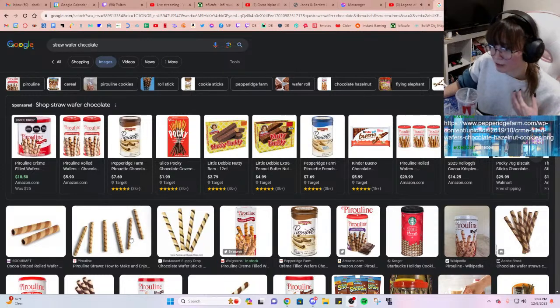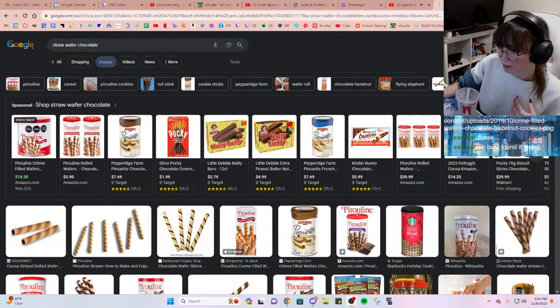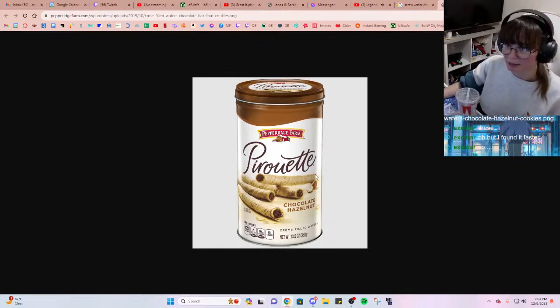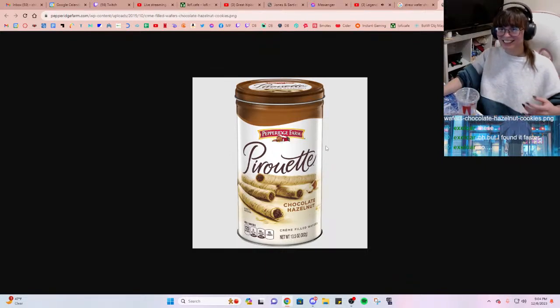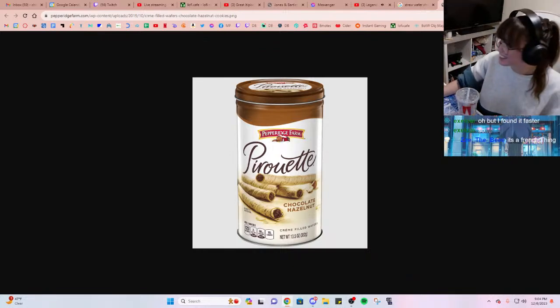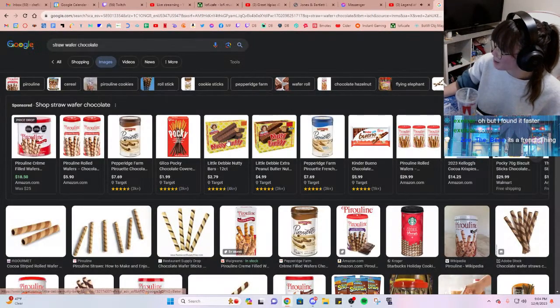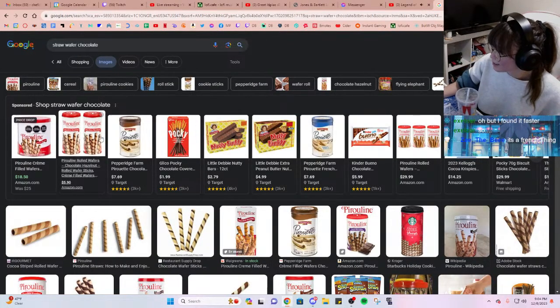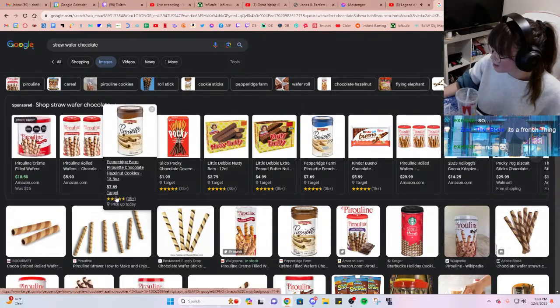These things. They were looking for these. Pepperidge Farm, let's see. Yeah, basically the same thing. Oh, but I found it faster. Shut up! I type slow, okay? I'm a really slow typer. Yeah, same thing. Oh, they do have it at Target. Well, they didn't have it when I was looking for it.